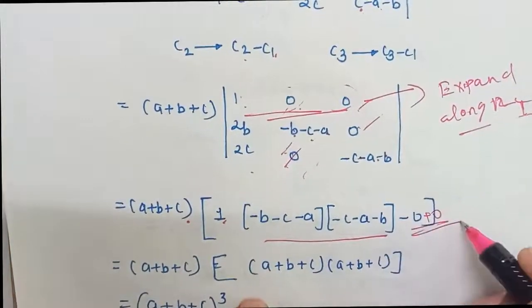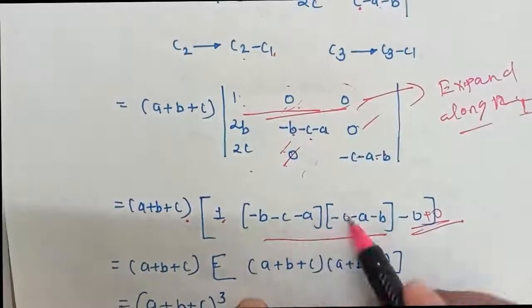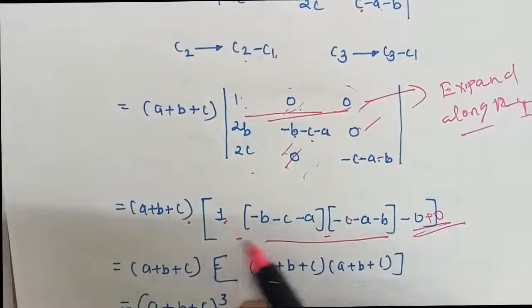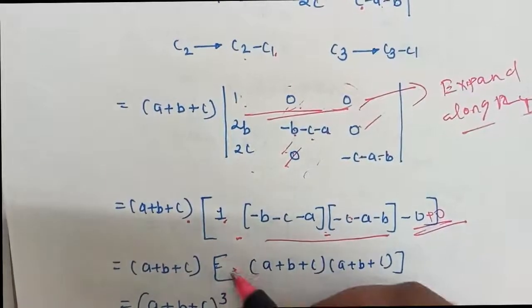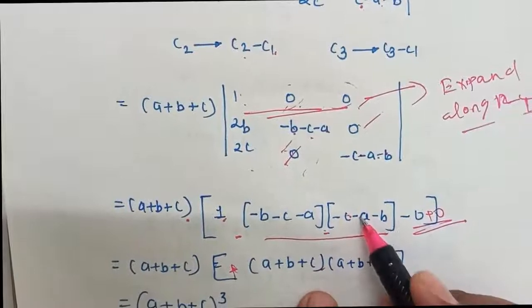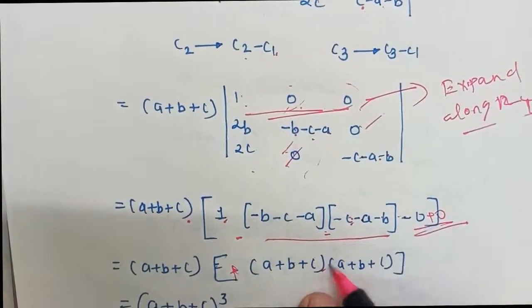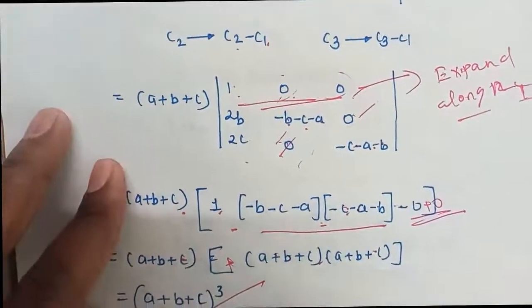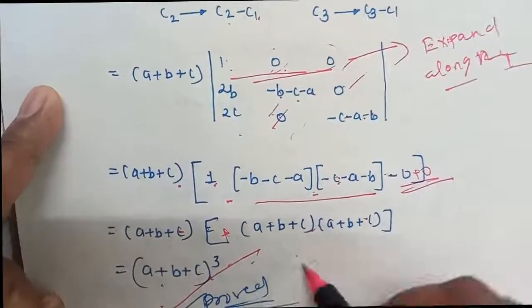Next, just multiply this one, take minus common from this one, and minus common from this one; minus minus becomes plus. Now after taking minus, a plus b plus c will come. So a plus b plus c bracket square into a plus b plus c, and ultimately I will get the a plus b plus c bracket cube. That is the answer we need.